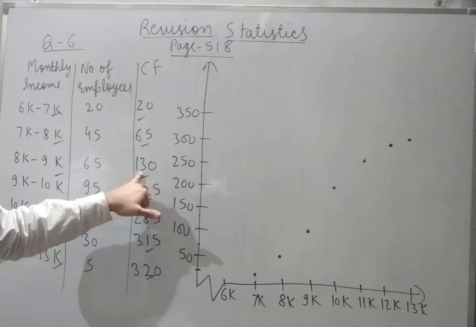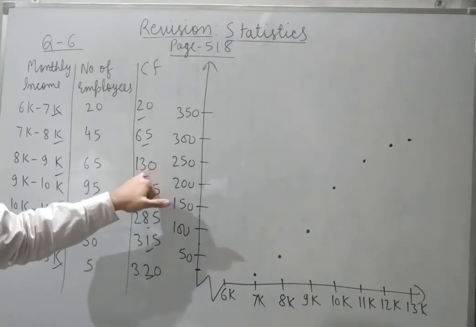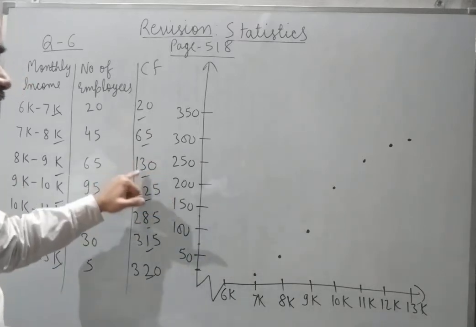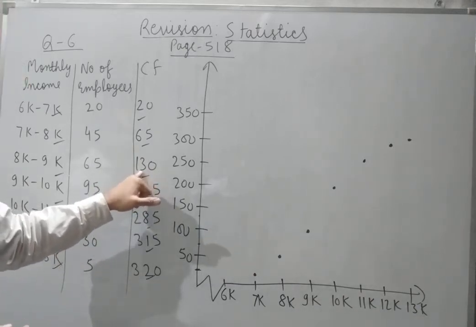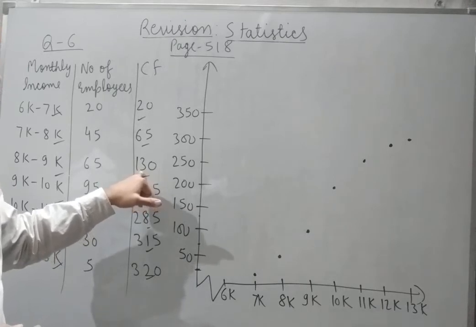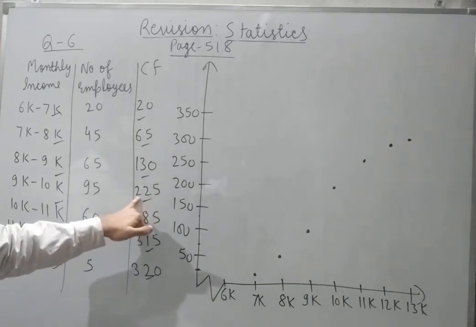Next one is 130 upon 50. So this will give 2.6. 130 upon 50, so 13 upon 5, correct? 13 upon 5 will give 2.6. Okay. Now the remaining values are divided by 50, correct?